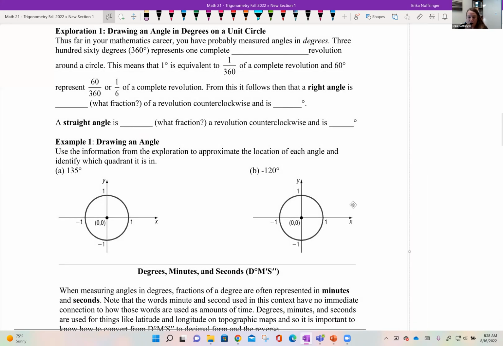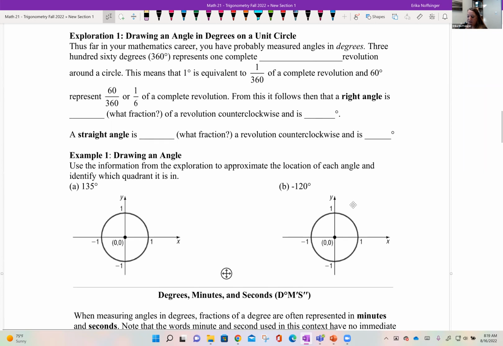So far when we've been doing mathematics, we usually use angles in degrees. Later on, we're going to look at things as being radians and changing things to radians. It says thus far in our mathematical career, you've probably measured angles in degrees. 360 degrees represents one complete revolution.